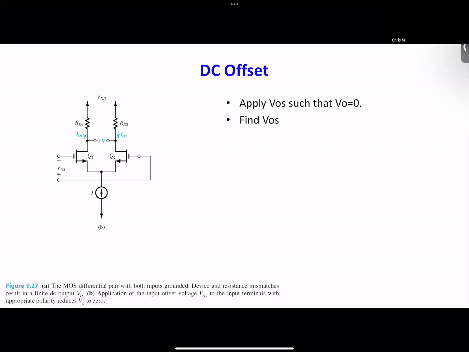So we apply the voltage over here, the positive here, negative here. So this is going to be positive half, and this is going to be negative half. So that's how we're going to resolve the problem.